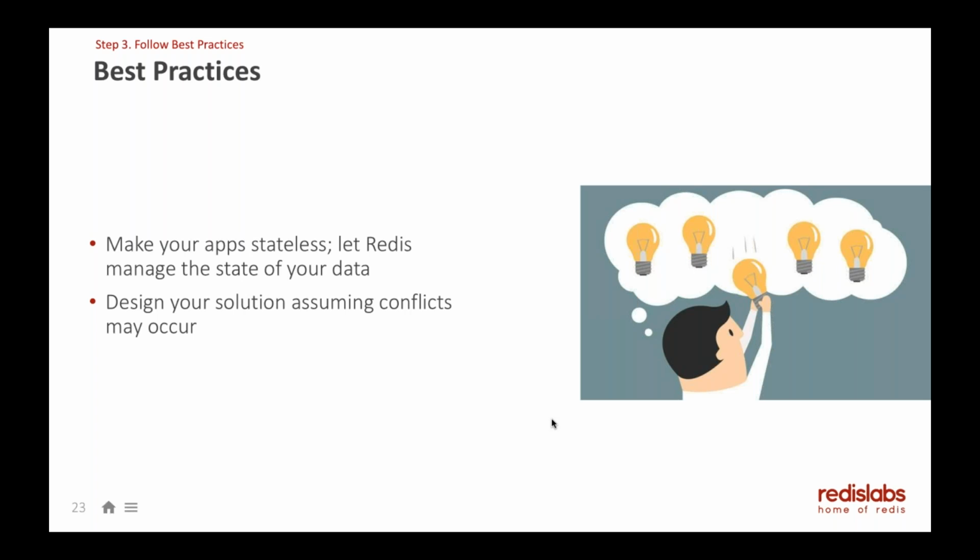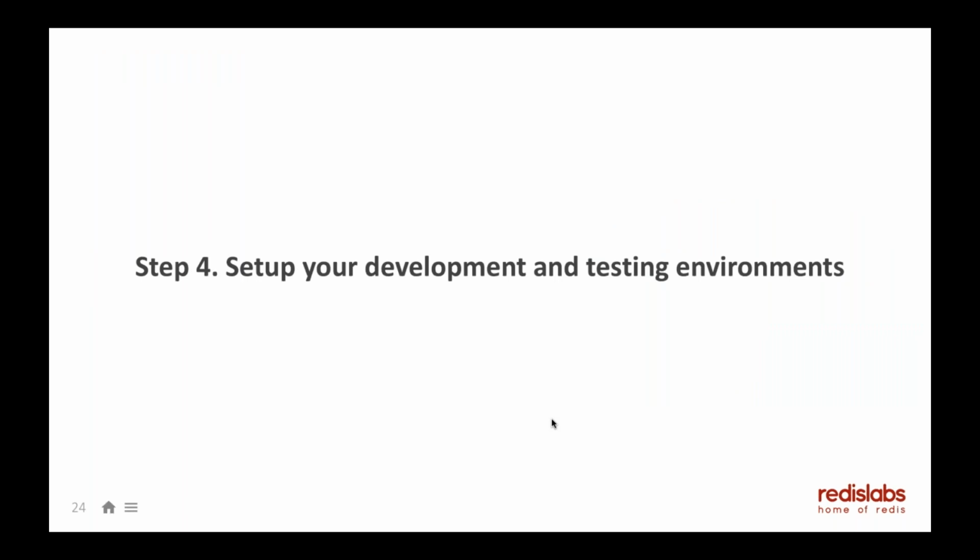It should support something like REST protocol, and then let the database handle all the state of the data. And also, when you design your solution, don't assume that there won't be any conflict at all. Just keep in mind that there may be conflict, and bear that in mind when you design a solution, that the conflicts may happen.